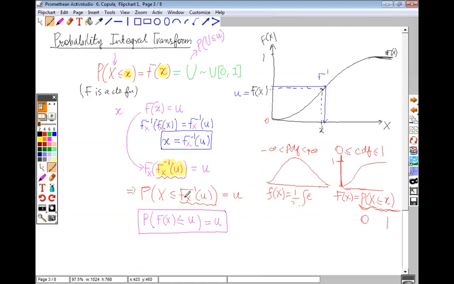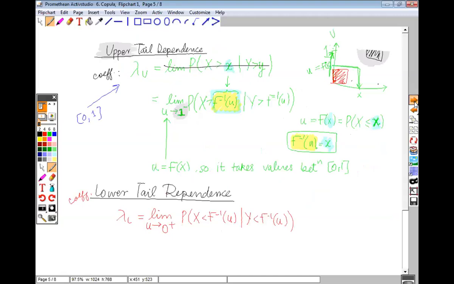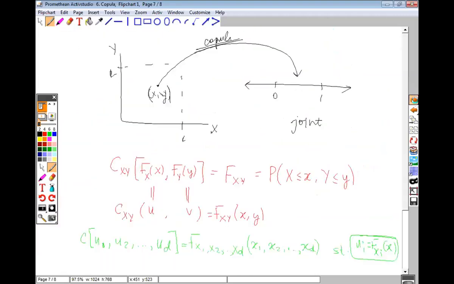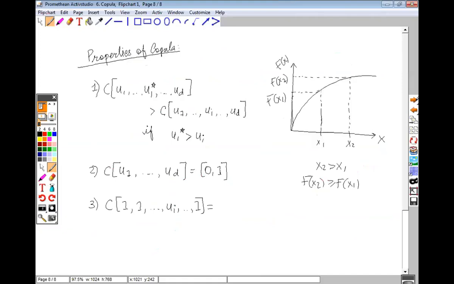And because this is the case, we concluded that F of x is not only something between 0 and 1, but it is indeed a uniform 0, 1, right? So if I say that all of the other values are 1, and I'm only looking at one particular value, which is this u here, then if I think about the area under the curve, it is going to be nothing but just the ui right here.